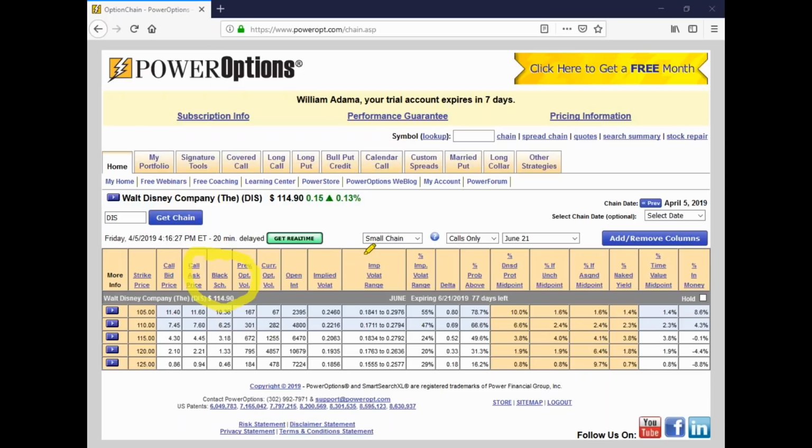Now in this case, looking at our 105 strike, the current price is 11.40 to 11.60, and we have a Black-Scholes value of 10.36. So based on the Black-Scholes pricing model, we can see that this option is overvalued.